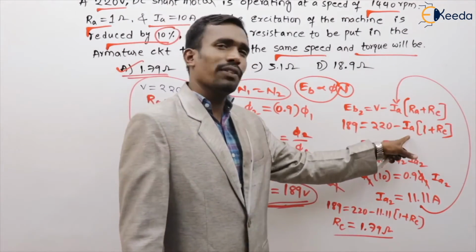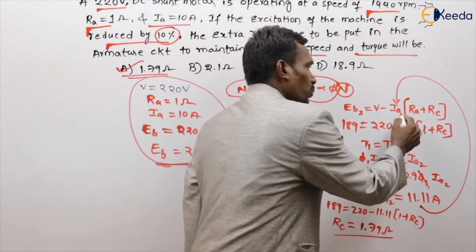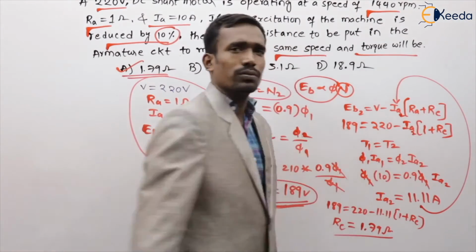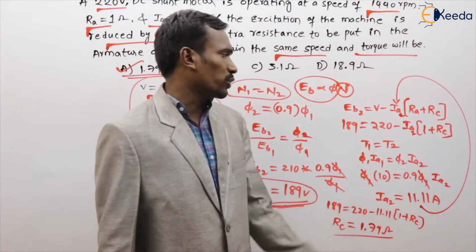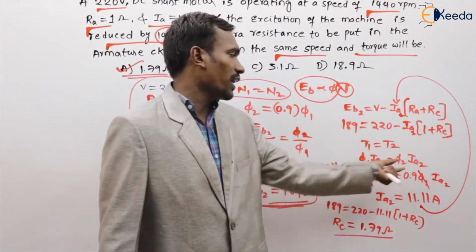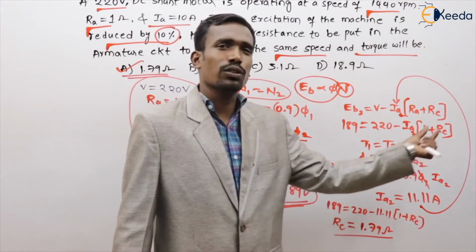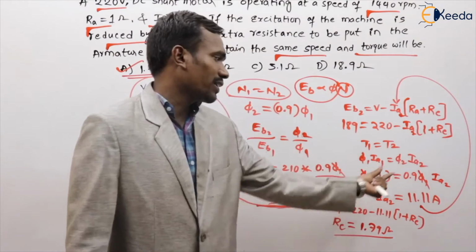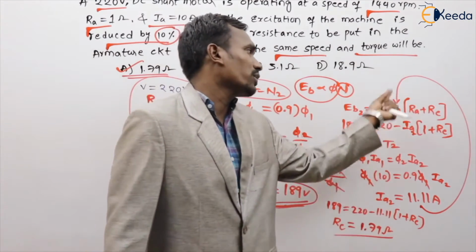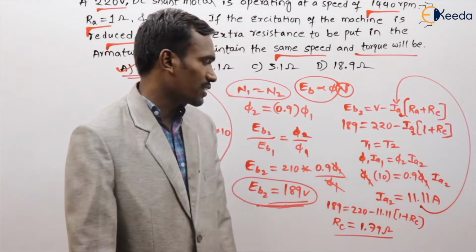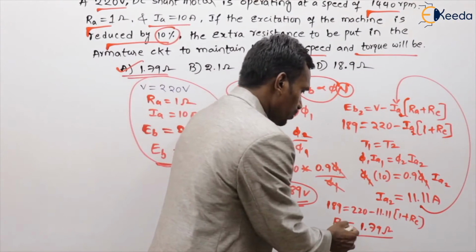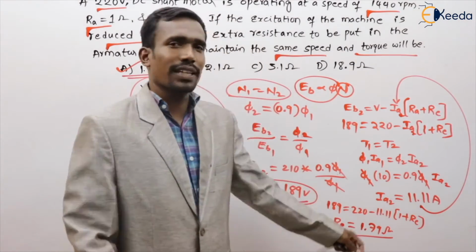RA we know, but IA we don't know. This is IA2 actually. The given torque is constant, so phi1 IA1 is equal to phi2 IA2, and we can get IA2. When we substitute this IA2, we get the extra resistance. You have to add 1.79 ohms.